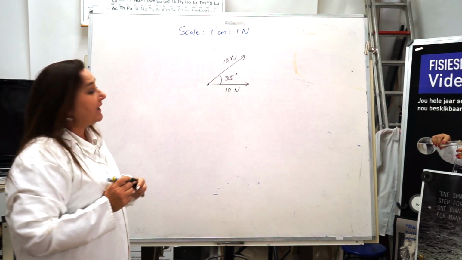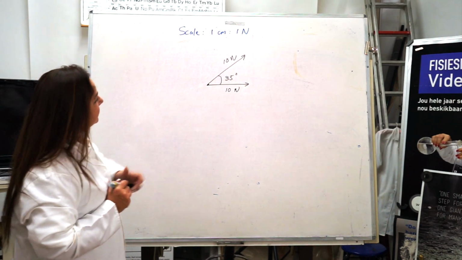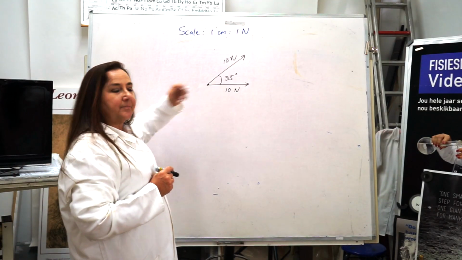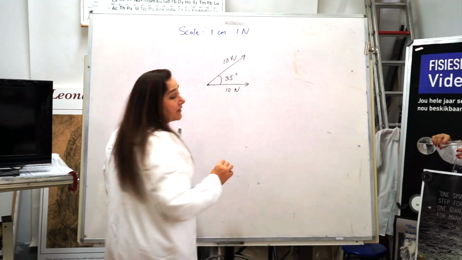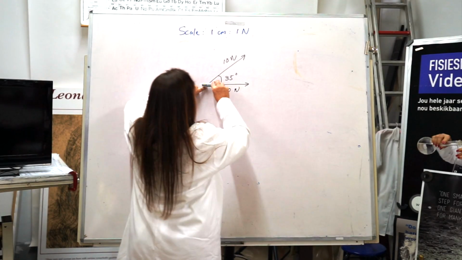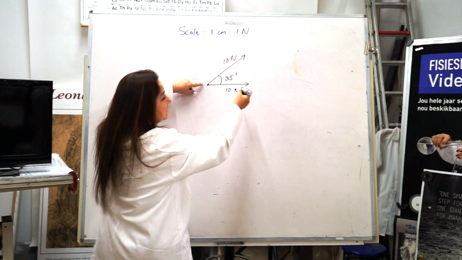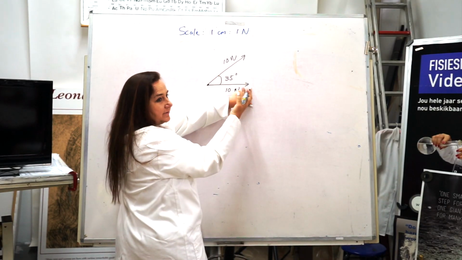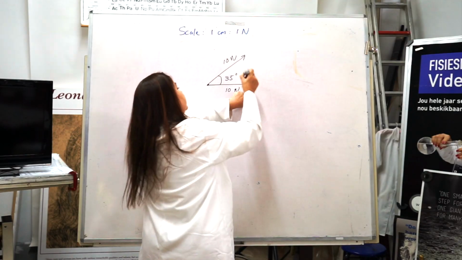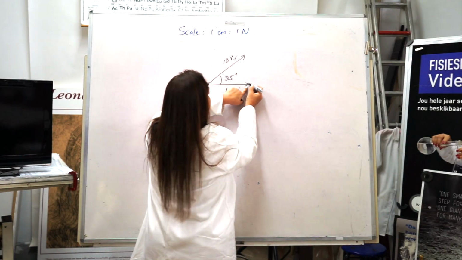Now how are you now going to get the resultant force? Now what we do now is we say, okay, we're going to have to draw it. We can first start with that one and we do it graphically. So I'm going to measure it and put it to centimeters. I'm going to then use that angle from here.